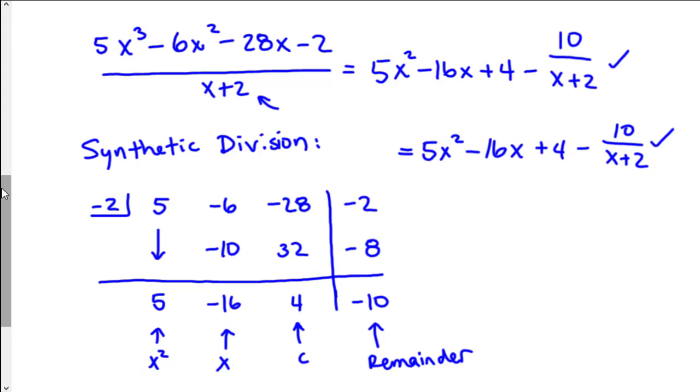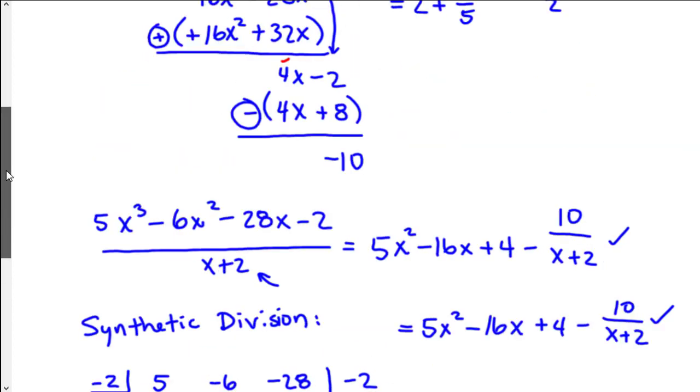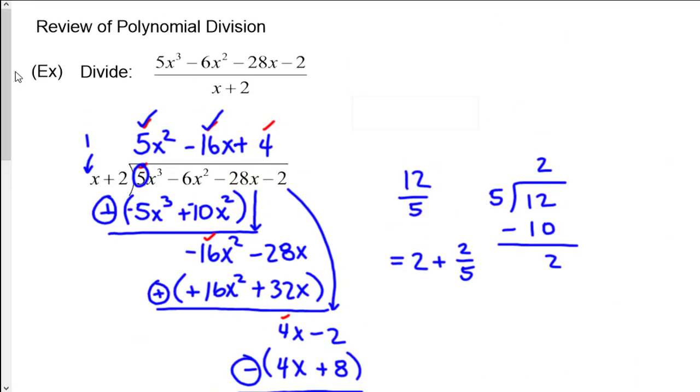Now, different teachers notate synthetic division in different ways. This is just the way I do it. The process is always going to be the same no matter how you notate it. One thing that's really important though, the process of synthetic division only works when your denominator is of the form x minus r. So it has to be linear.